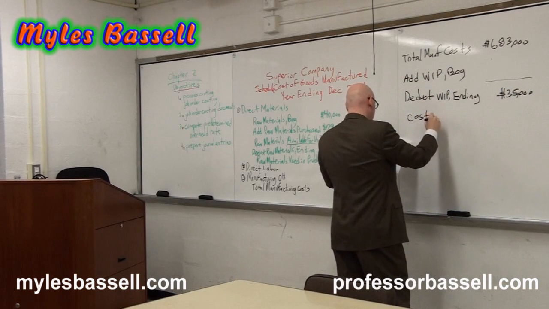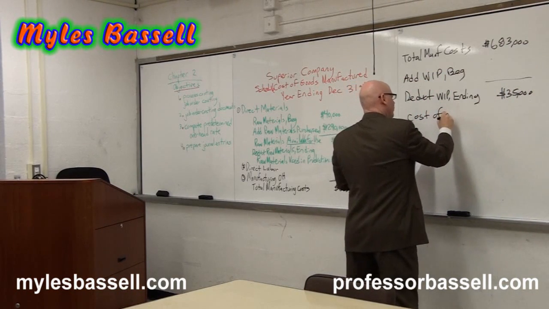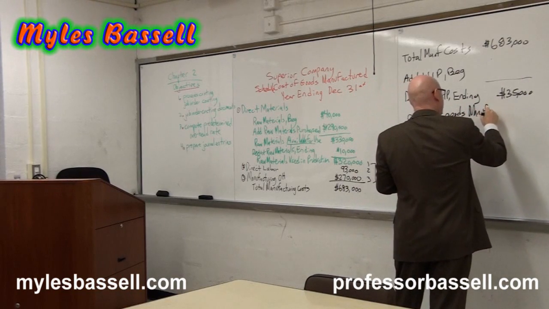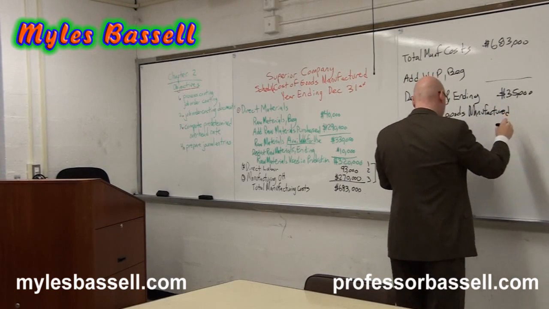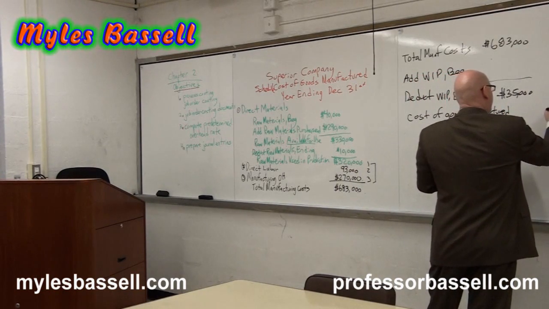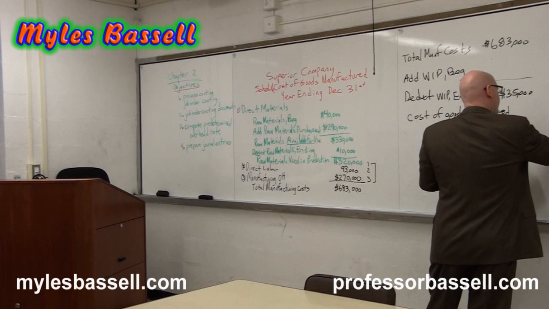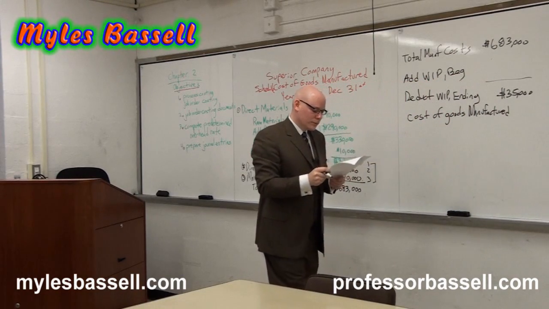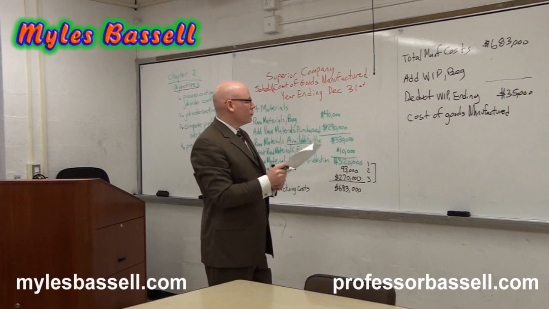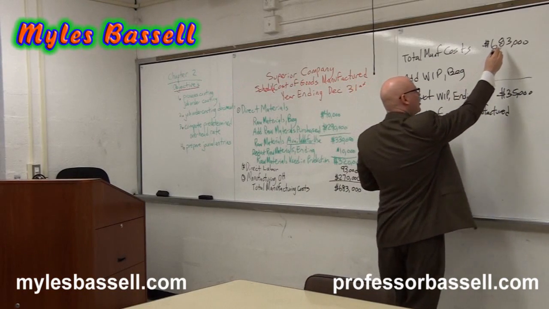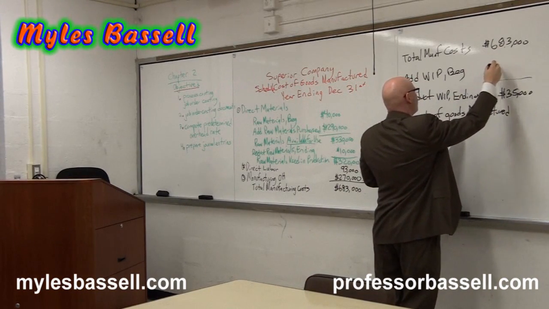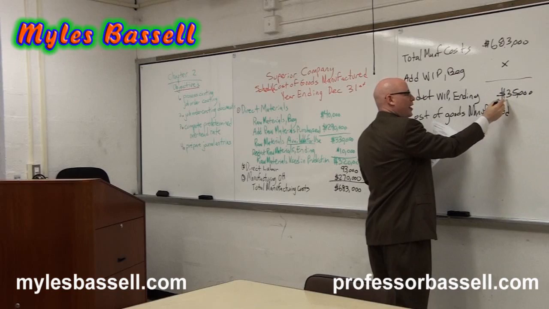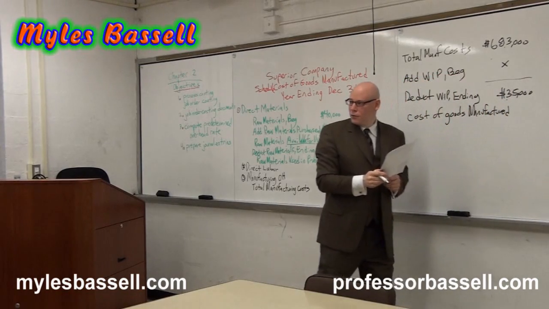And we get the cost of goods manufactured, $690,000. So we have 683,000 plus X minus 35,000 equals 690,000.